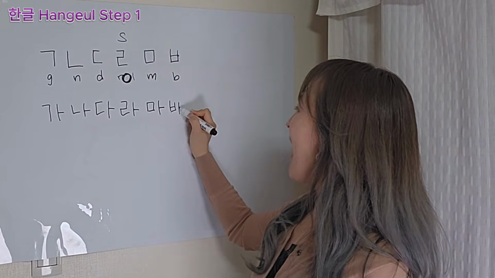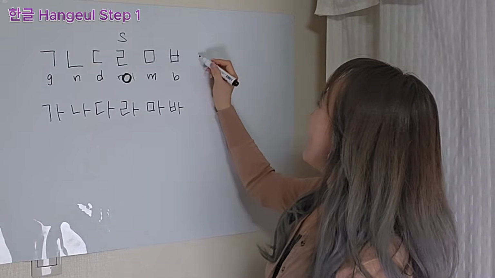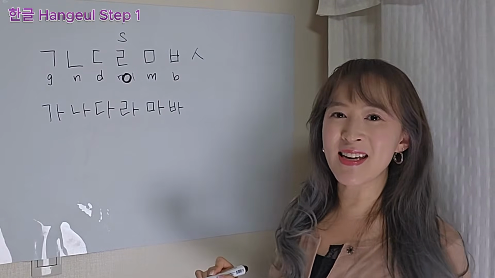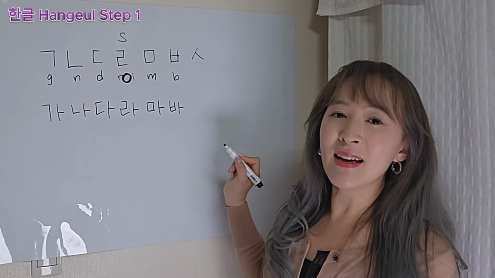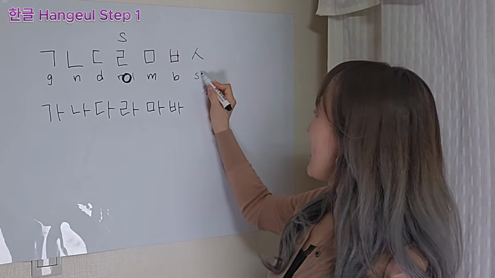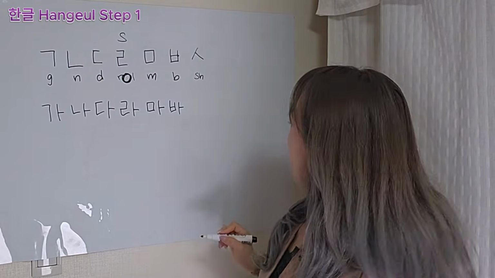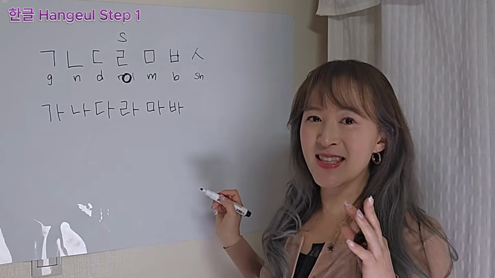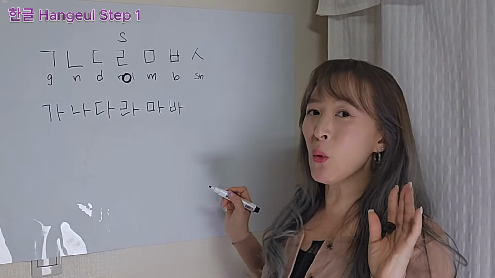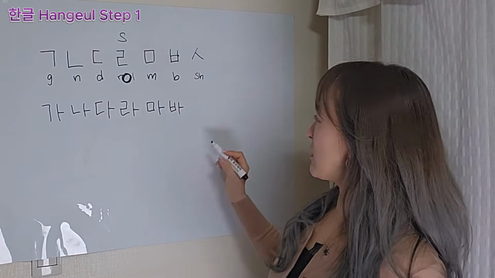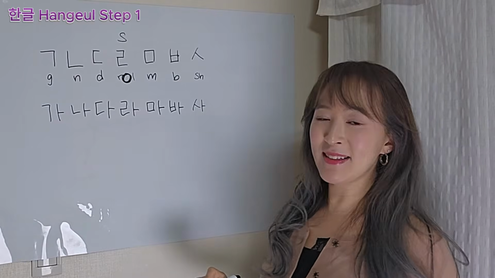So like pa. And this next one is 시옷. 시옷 is, I would say, about SH sound because it's not S like sa, but it's more like sa, sa. So again, this is the soft sound. So sa, sa.